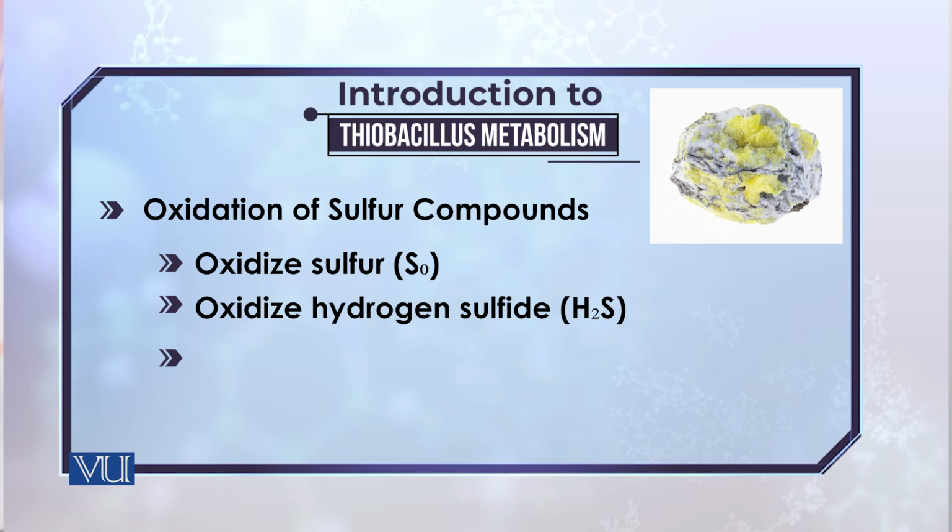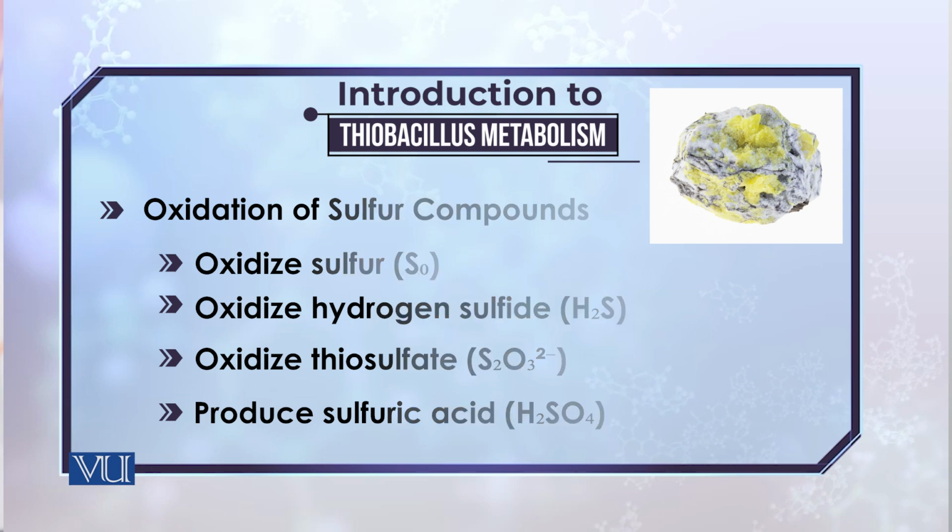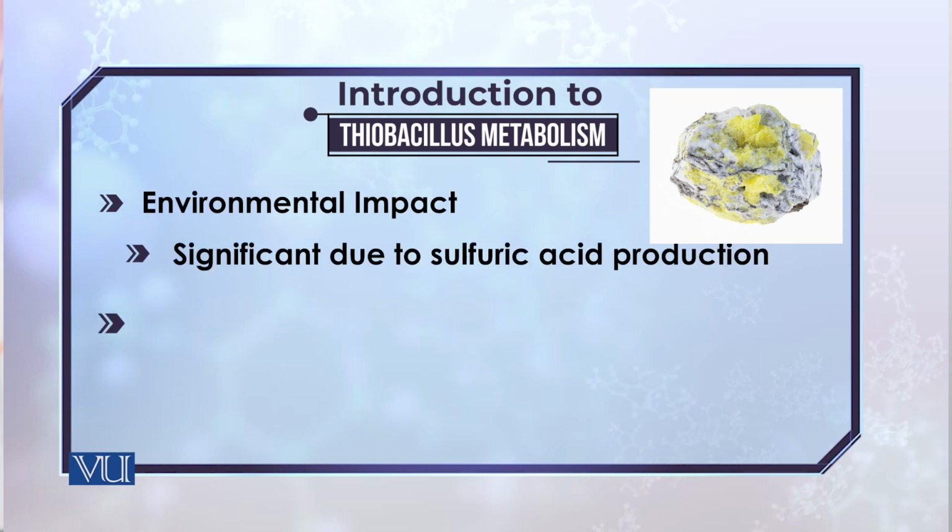They lead to the oxidation of, for example, sulfur, hydrogen sulfide, and thiosulfate. All of these produce sulfuric acid, and because of this production of sulfuric acid, this has some ecological and environmental importance also.